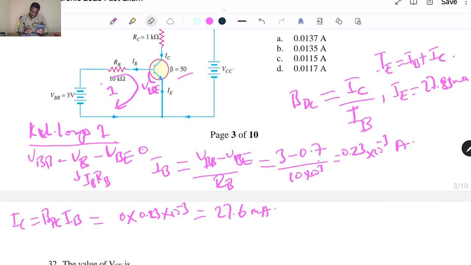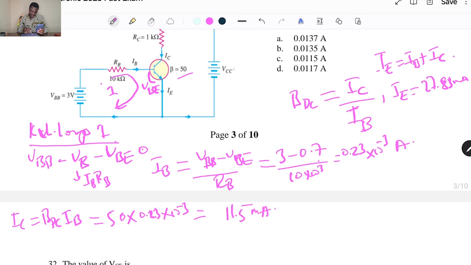There's a mistake in this. We're supposed to have 50 times 0.23, which will give us 11.5.